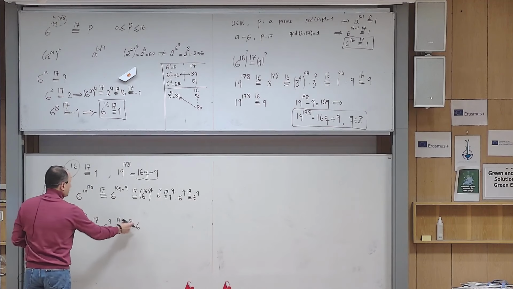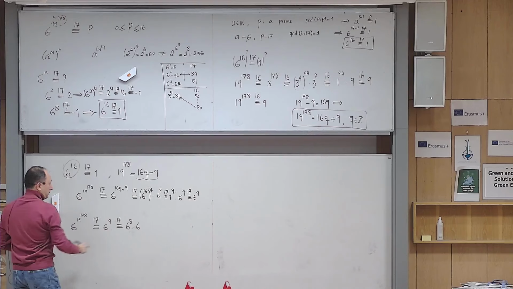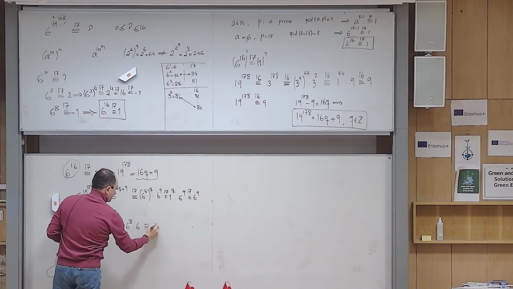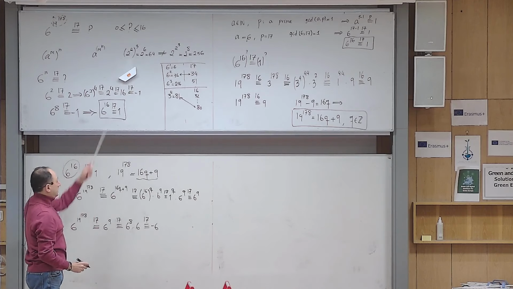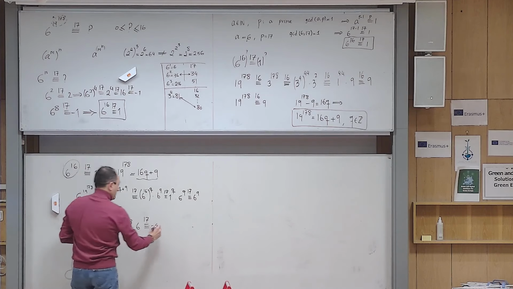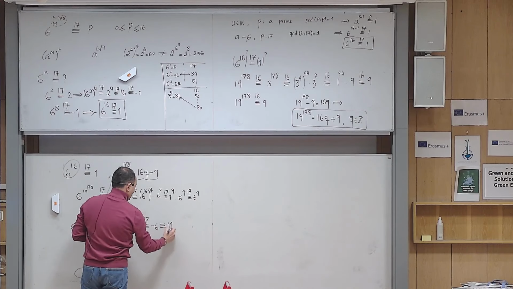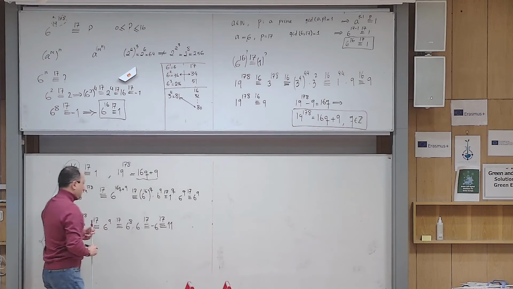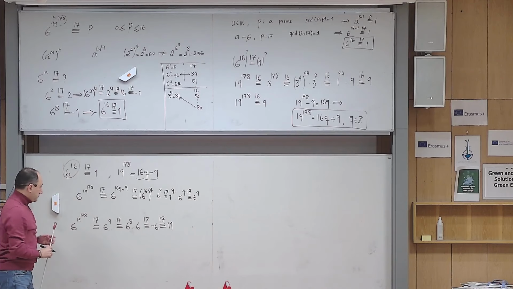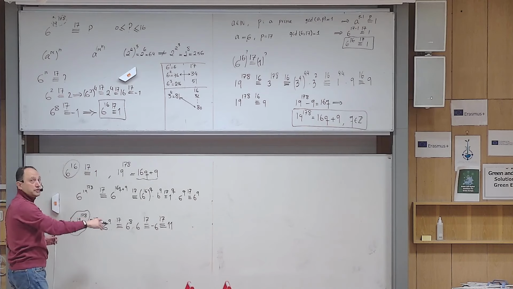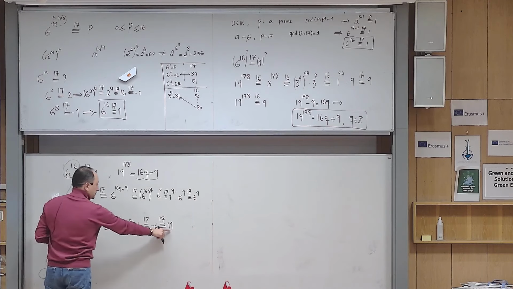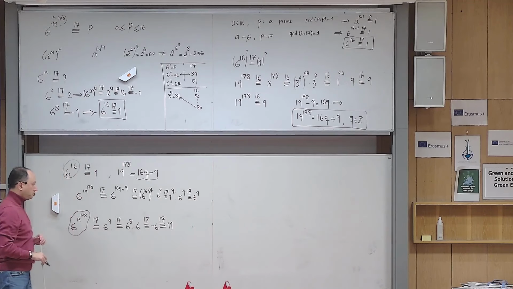But 6 to the power 8 is just simply minus 1, and then it becomes minus 6. But minus 6 is also not acceptable because it should be non-negative. But there is another name for it, and that name is eventually 11. Okay, so finally the problem is finished. I was able to simplify this by this long process to 11 modulo 17.